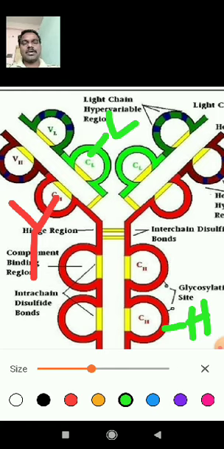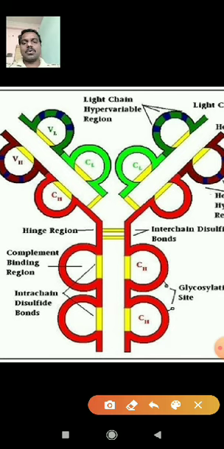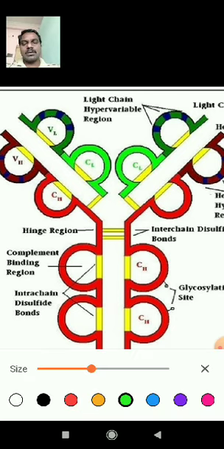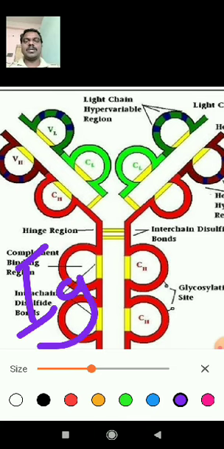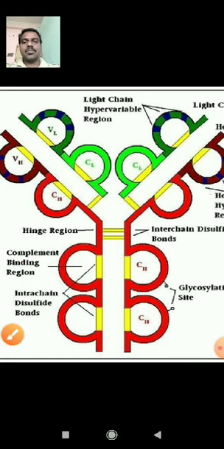Antibody is also called an immunoglobulin. So Ig means immunoglobulin. In the light chain and in the heavy chain, you observe that domains are present.